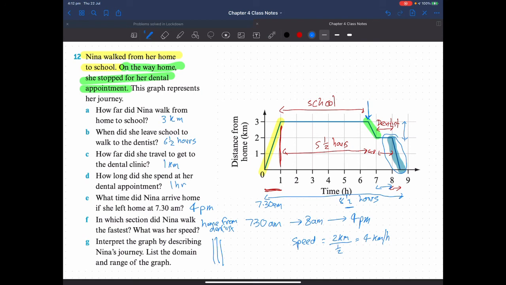She was at school for 5.5 hours. After that time, she left to go to the dentist. It took her half an hour to get to the dentist, which was 1 kilometre from the school. She was at the dentist for 1 hour. She then left the dentist and returned home. It took her half an hour to travel the 2 kilometres home.